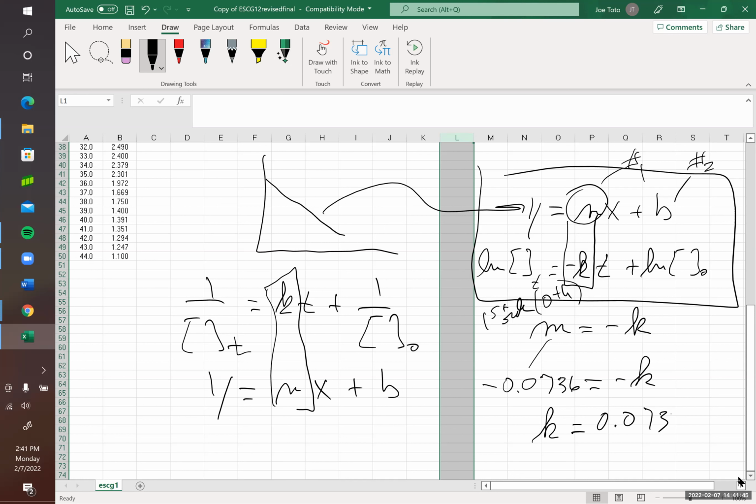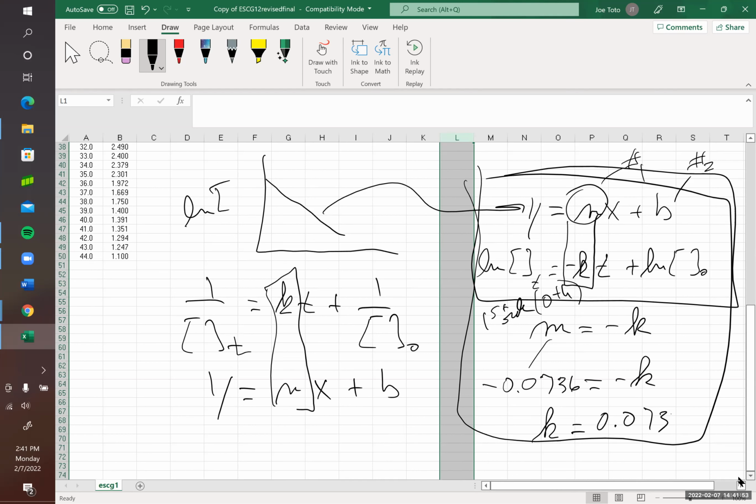And the units of the rate constant, since this is a first order plot, right? So this is the log of the concentration versus time. And the slope is associated with K, then K is going to have the same units as the slope, which is rise over run.